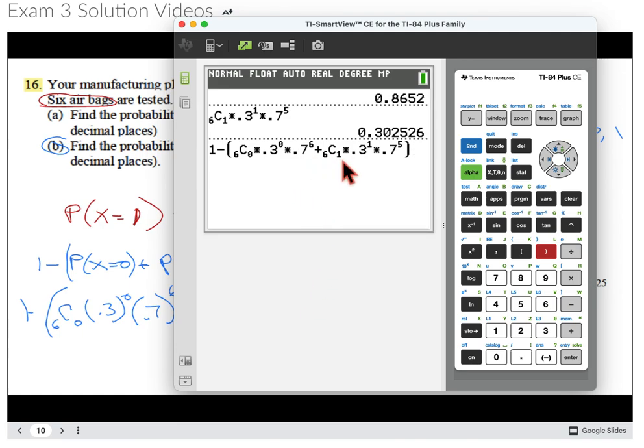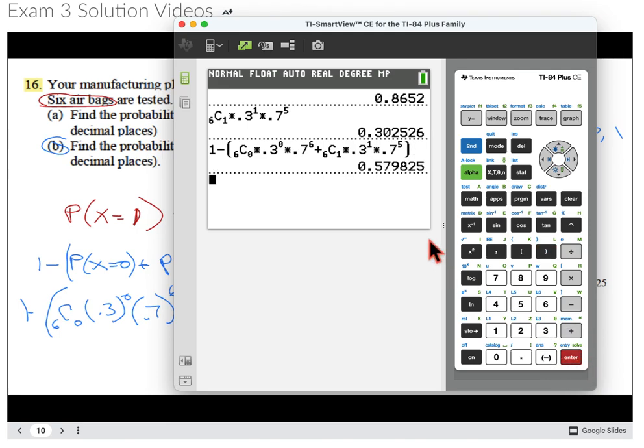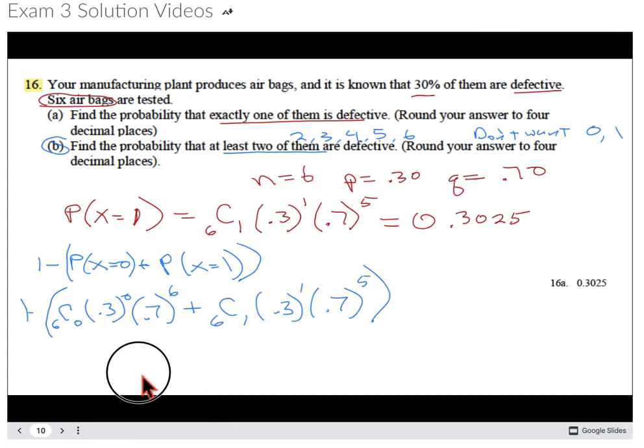And the reason I might do it here is if I calculate each piece, I might add them, and then I might forget to subtract the 1, and I put that as my answer, which really wasn't correct, right? But if I do this, I get the correct answer of 0.5798. 4 decimal places, so about 57% chance that we have 2 or more.